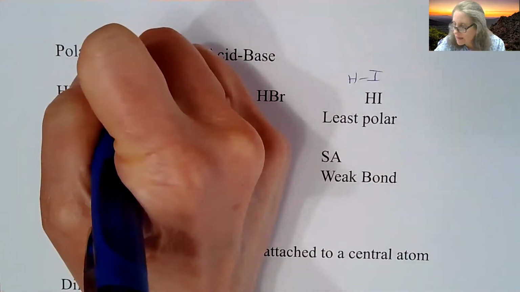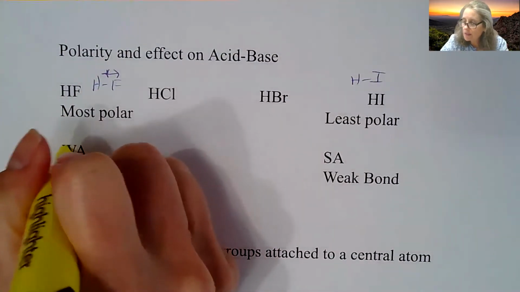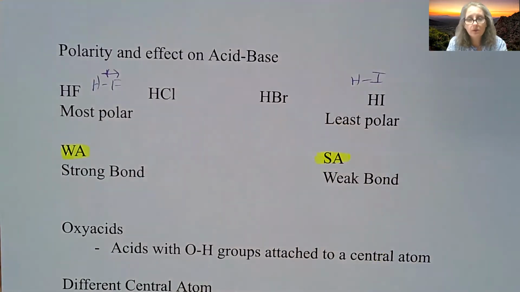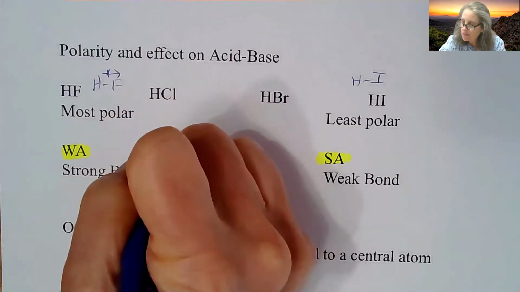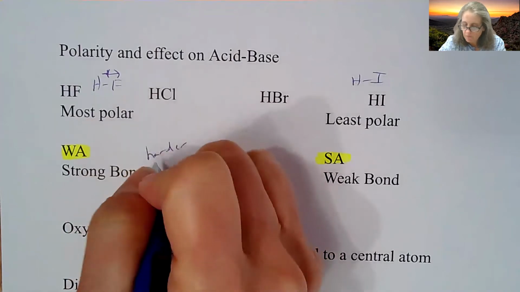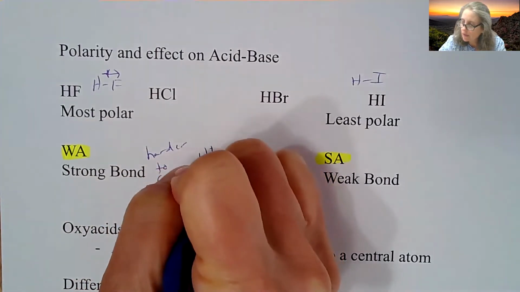Because of that, you will see that HF is considered a weak acid and these other ones are considered strong acids. Because it is the most polar, it's going to be harder for you to remove the H plus, okay?